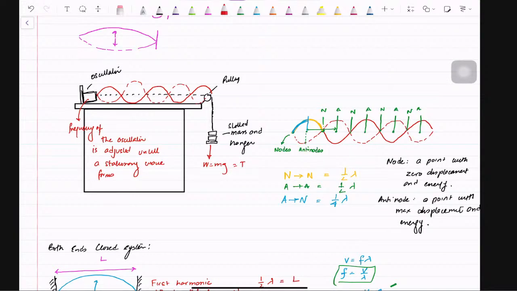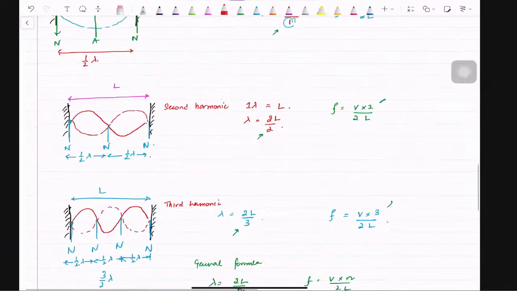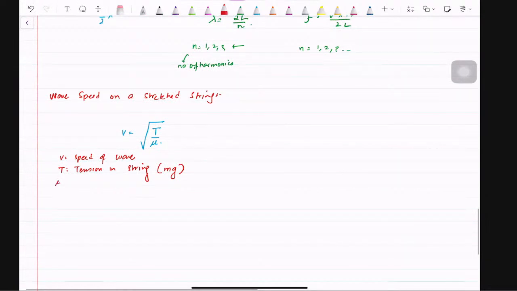And then mu is the mass per unit length of the string. So basically you divide the mass of the string by its length, and you'll get it right away. Alright, I hope you understand this now.